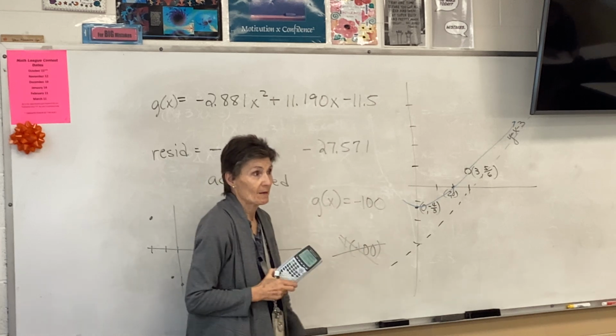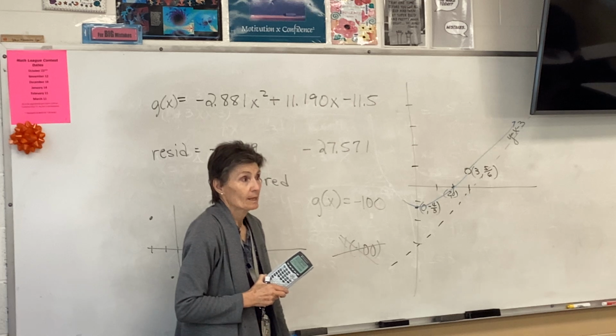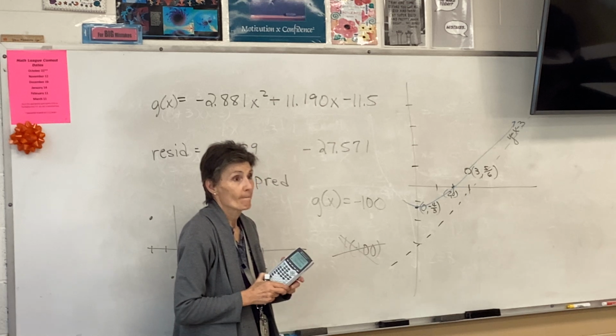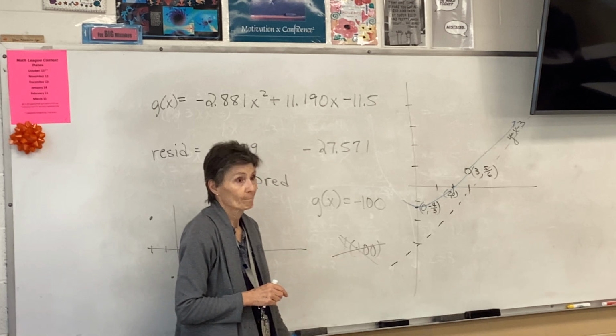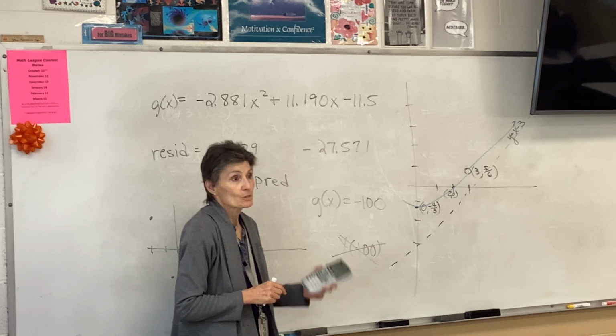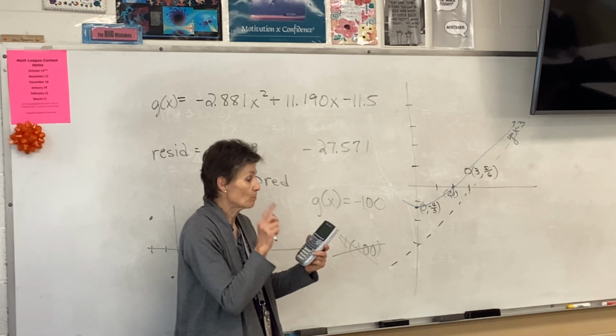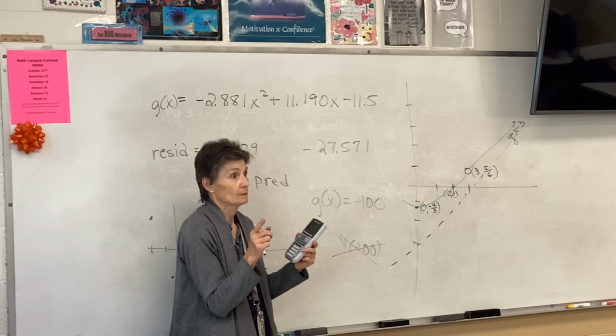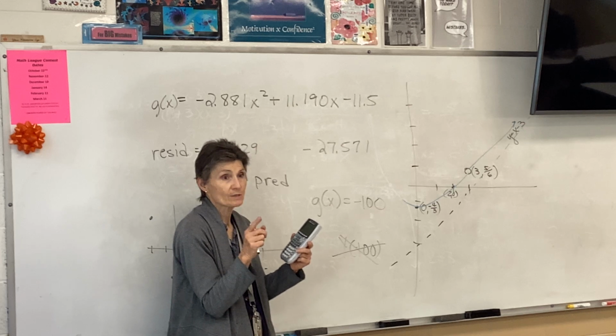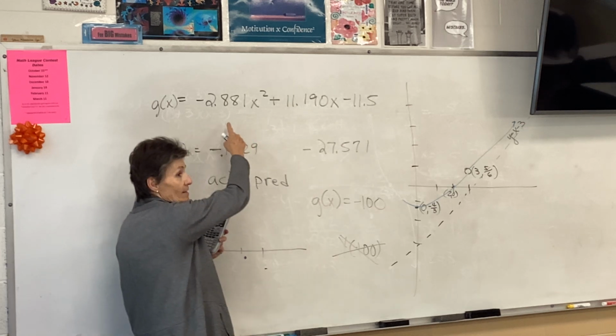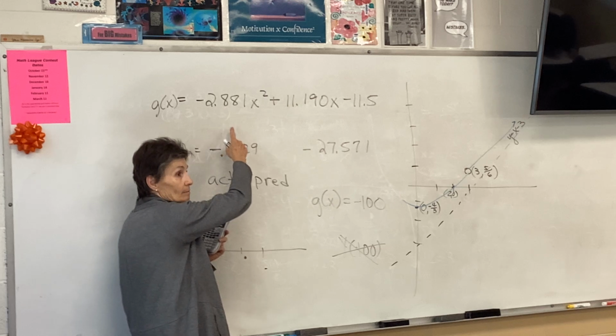So what's your thought about that, Al? You could graph y equals negative 100 and find where it intersects. Exactly. So if you, right now at this moment, press y equals, that equation is in there, because you stored it.